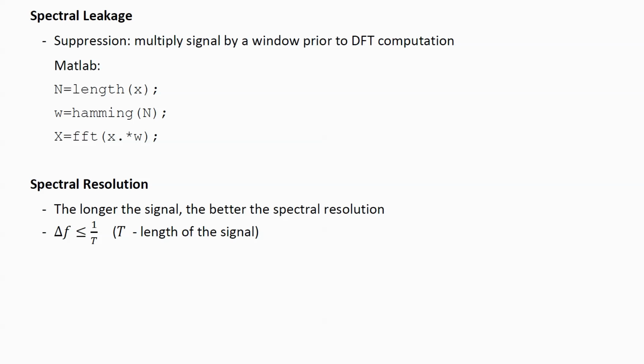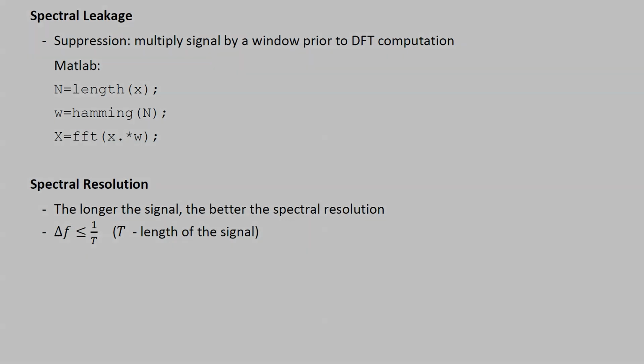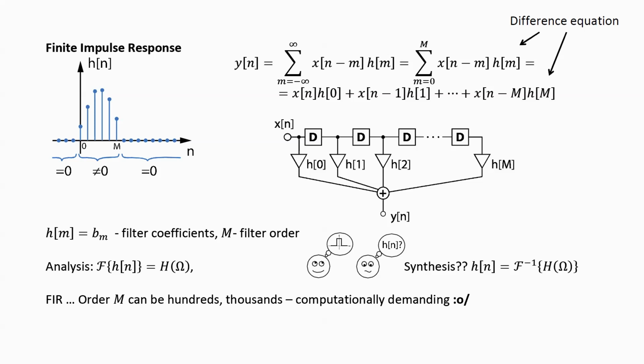Now we will get back to our filters and systems. Again, from the previous lecture, we talked about the finite impulse response filters. If the impulse response of my filter is finite, then in the convolution formula, I need to sum only finite number of non-zero values of this impulse response.